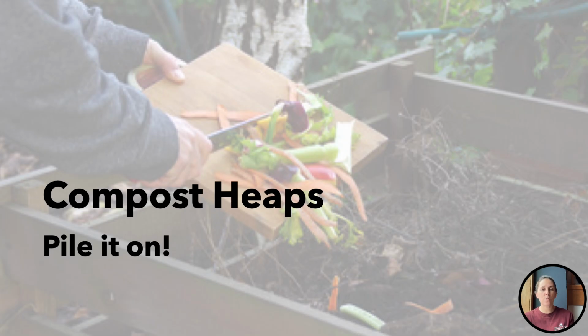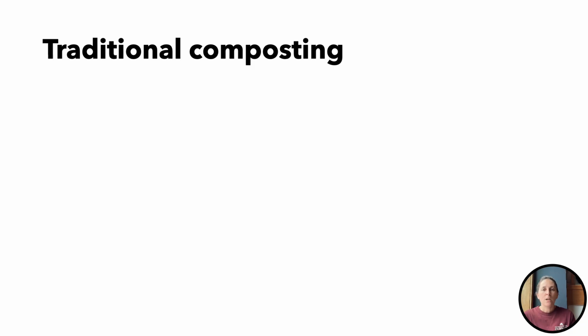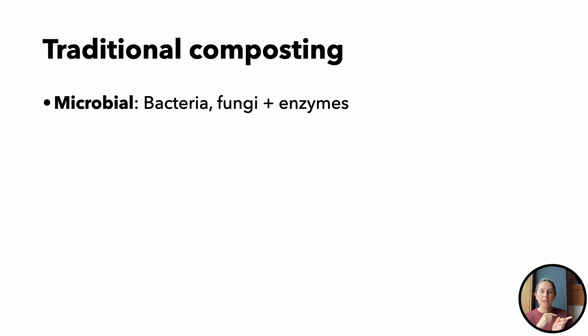So first and foremost, let's talk about one that many people are familiar with, whether or not we practice it, and that's compost heaps. So pile it on. This is traditional composting. Once again, like I said at the beginning, it is microbial driven, and so it depends on the bacteria and the fungi that are present, as well as the enzymes that are secreted.